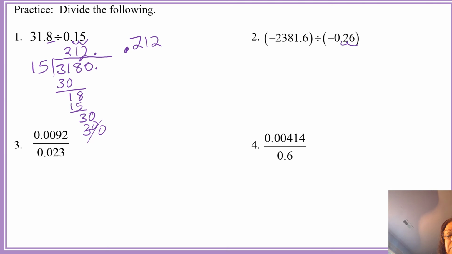Here again, I have to move it twice to make my divisor a whole number. So I'm going to have a 0 at the end of my dividend. 238160 and 26. So 26 goes into 238 8 times.